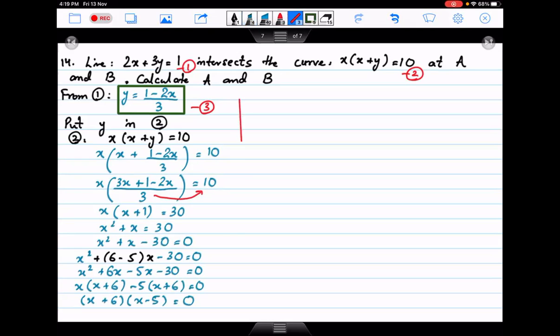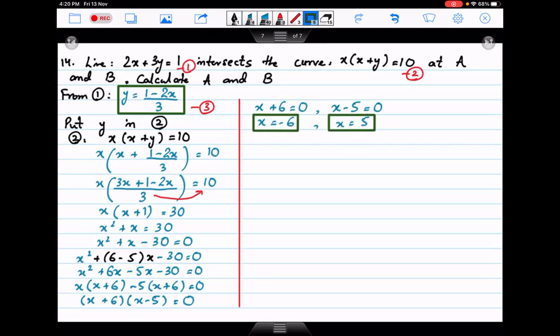So what we do, we take both values equals to 0. So it should become x plus 6 equals to 0, and it should be x minus 5 is equals to 0. So now x should be minus 6, or x should be equals to 5. So we have two values of x.